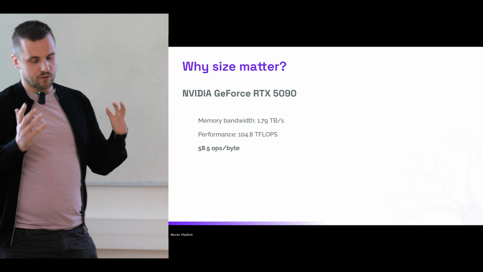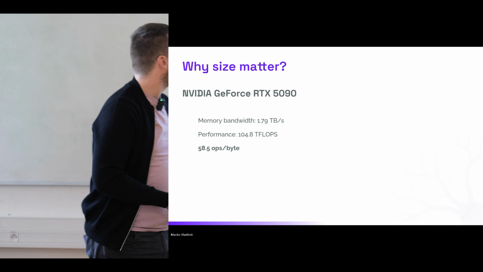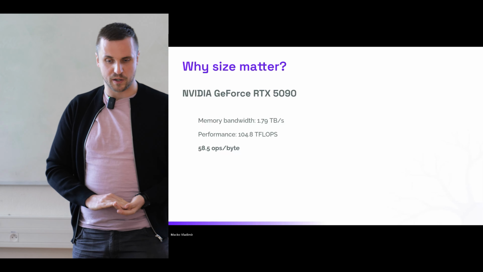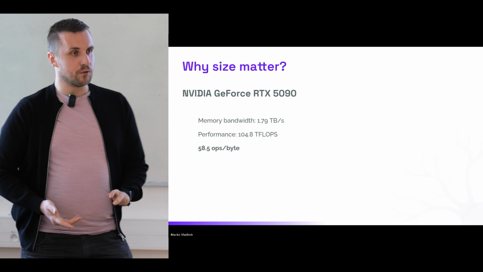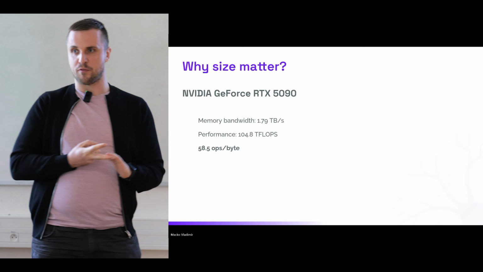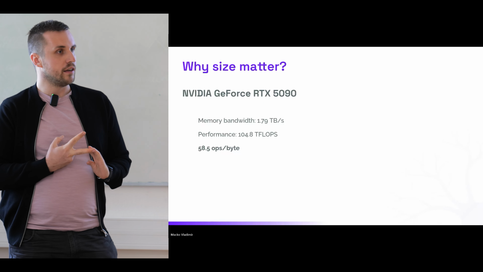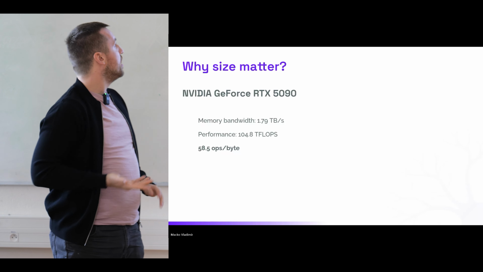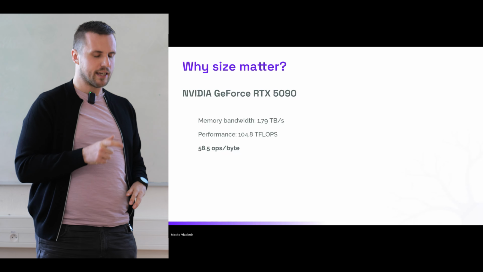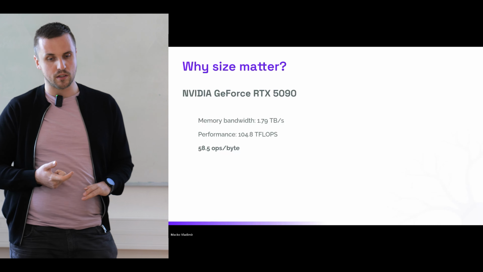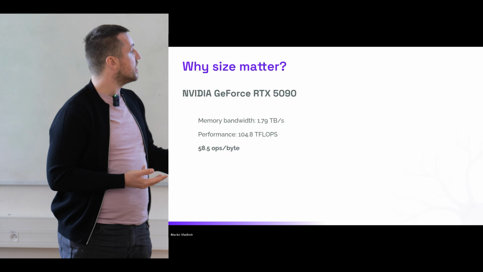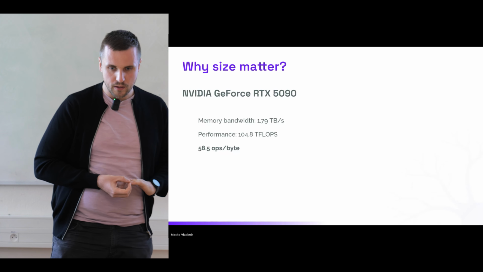So for this, we need to dive a bit deeper and again learn something more about GPUs and how they work. GPUs perform two tasks: they move memory around and they perform computation. And these two tasks are specified by two attributes: memory bandwidth, how many bytes per second the GPU can access or move around, and second is performance, or how many flops per second the GPU can perform.